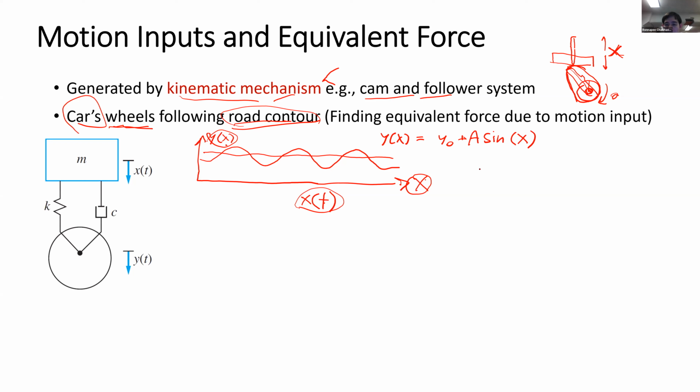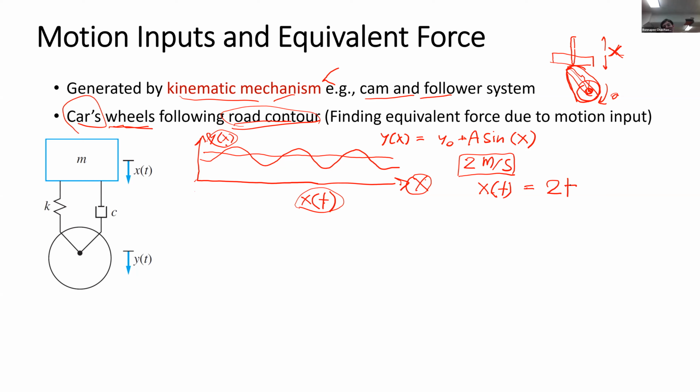If your car travels with constant speed, for example at 2 meters per second, the position of the car can be defined by the velocity multiplied by time.